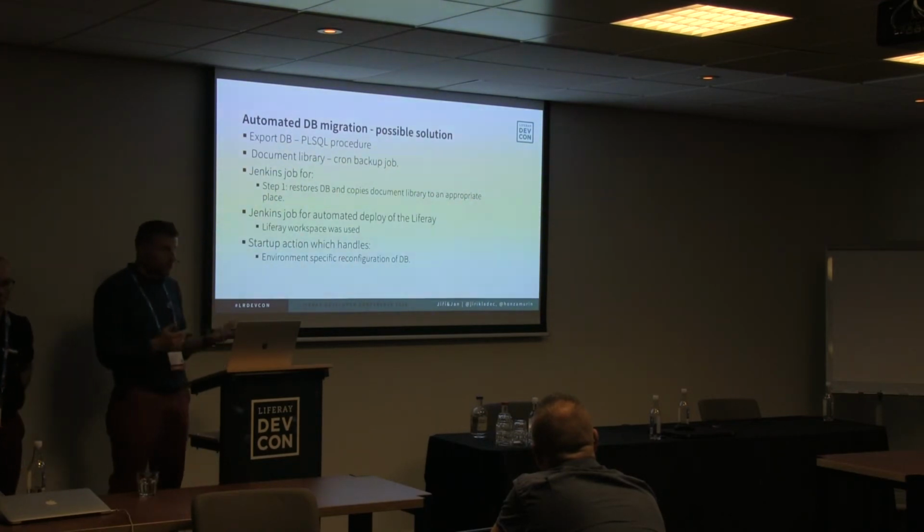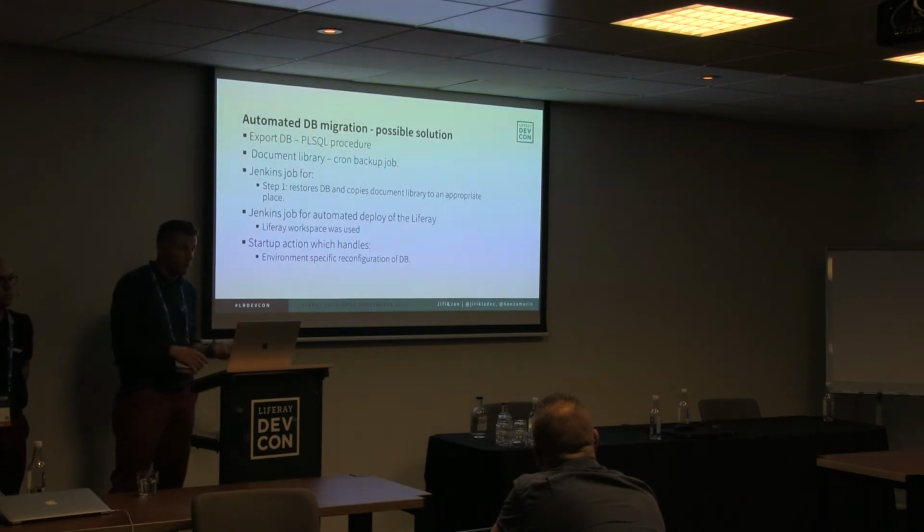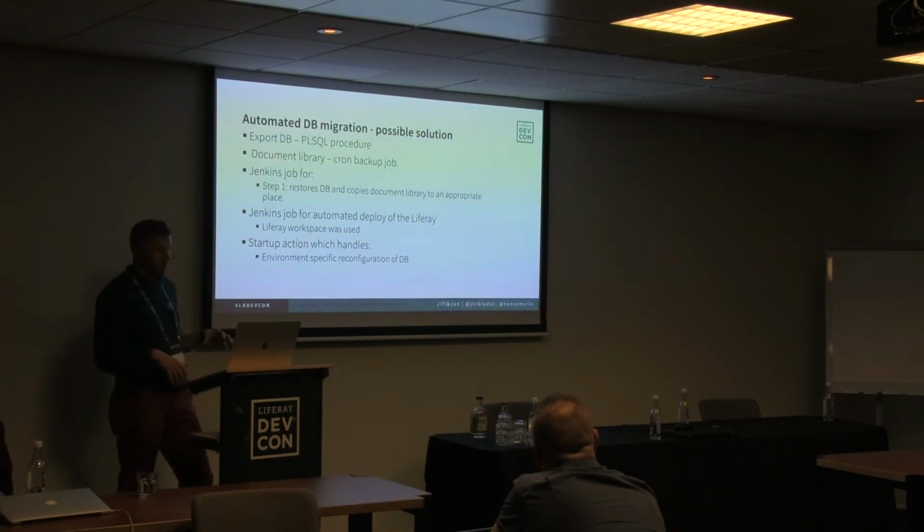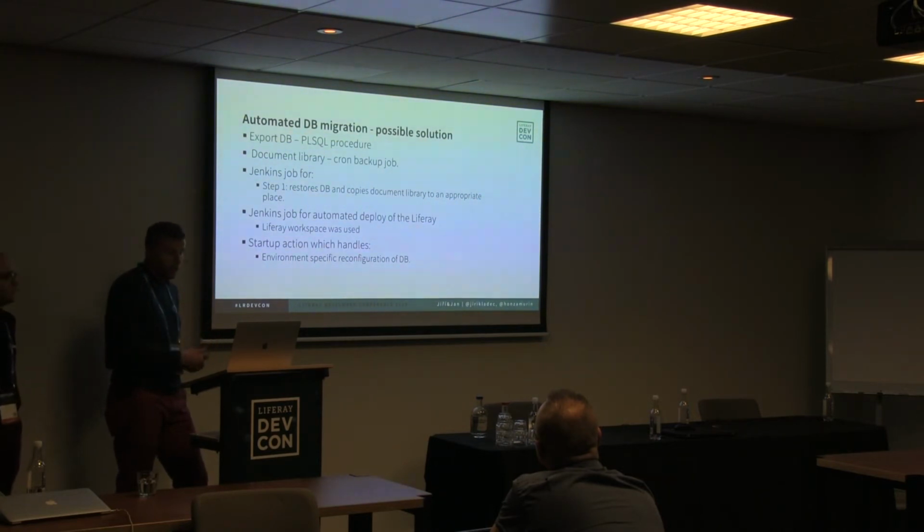We started with two quite basic steps. We exported the database through the PL/SQL procedure. Then we made a cron job which backs up the data from the production. And then the automated part starts on the Jenkins. We create a job which stops the portal, restores the database, and allows the new document library.